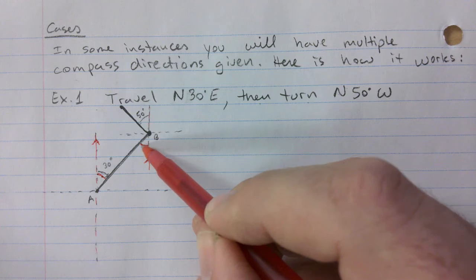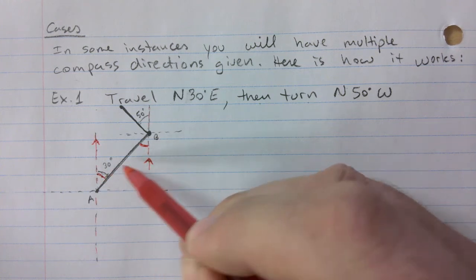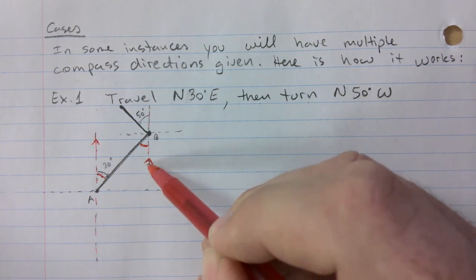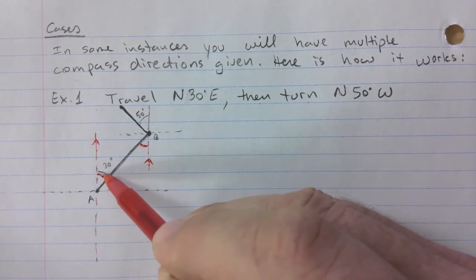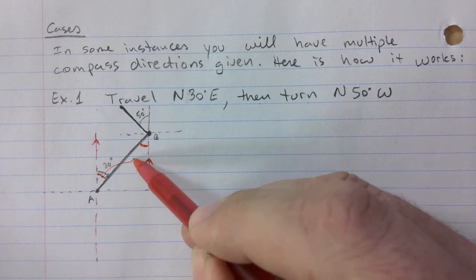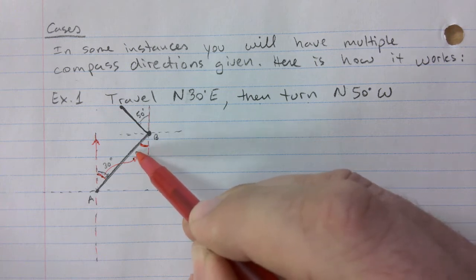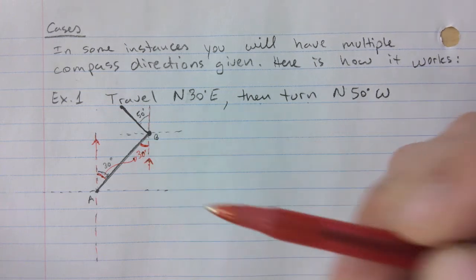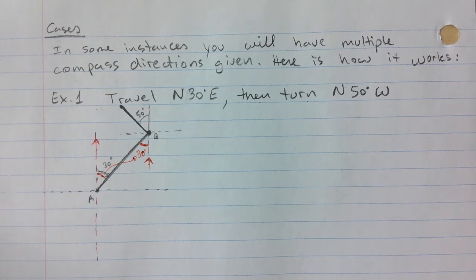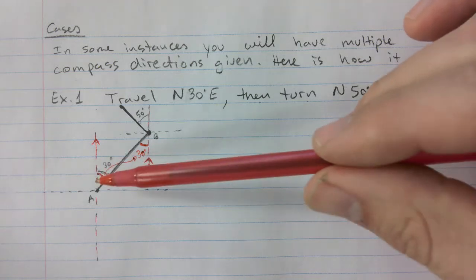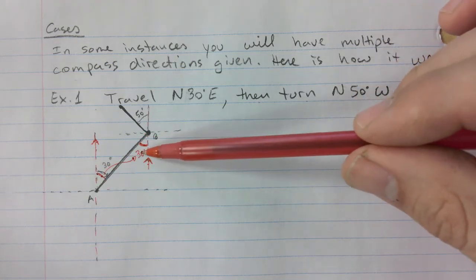Anybody remember? Alternate interior, that's right. So you can transfer this over to here. I'm not going to ask you to tell me why. At this point in this chapter, I don't care. If I asked you specifically, justify it, of course, but we know that if this is 30, then this is 30 here as well.